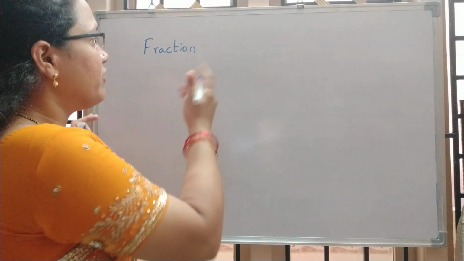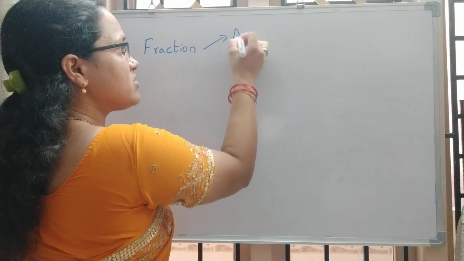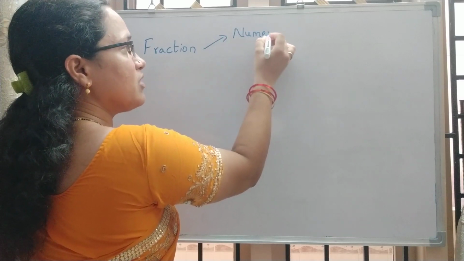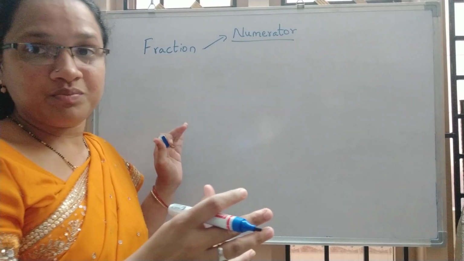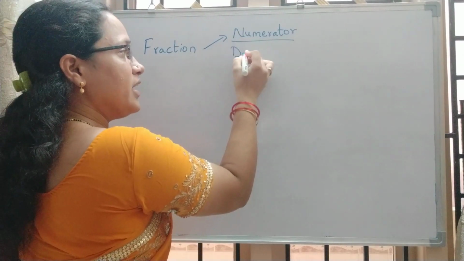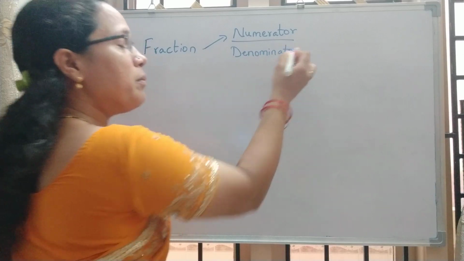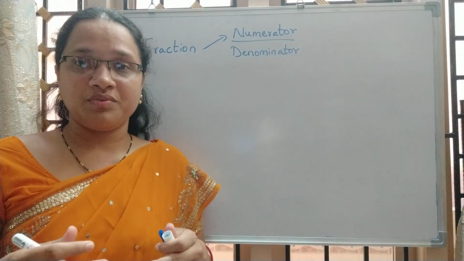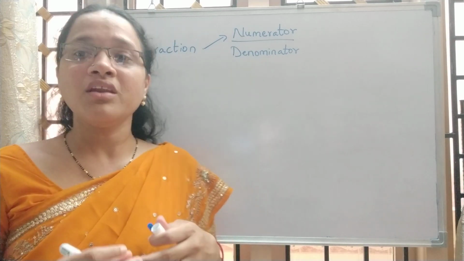It is represented in the form of a numerator, which represents the part, and the denominator, which represents the total number of equal parts into which the whole has been divided.